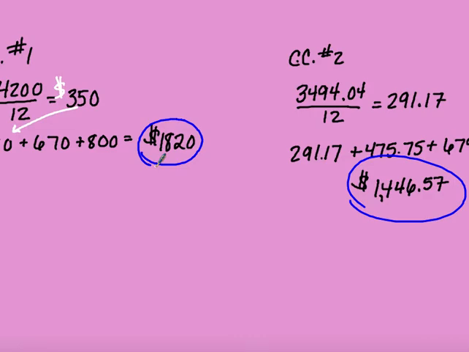For number 2, we have annual expenses at $3,494.04. That's going to give us a monthly share of $291.17. And we're going to add that to the fixed costs and the living costs to get a total of $1,446.57 for the monthly budget. All right, if you have any questions, please send me an email.